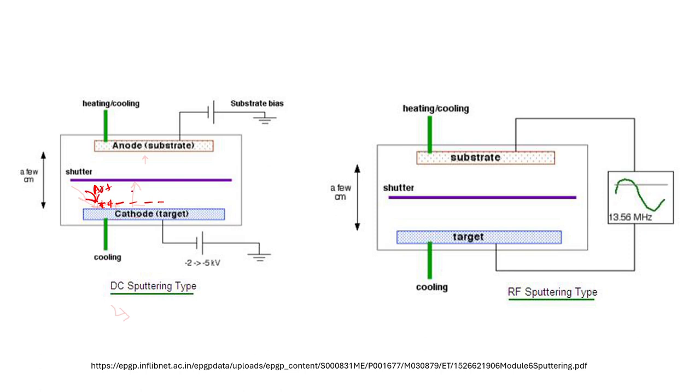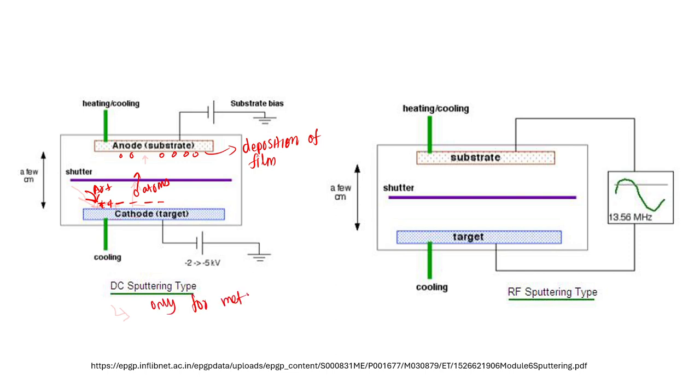The argon ions will fall on the cathode, then it will emit some target ions from the cathode. These target ions will be positively charged, so they will get attracted towards the anode, and that's how the deposition happens in DC sputtering. So this DC sputtering technique is suitable only for metals, not for insulators.